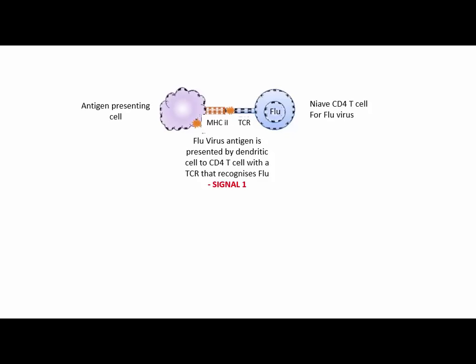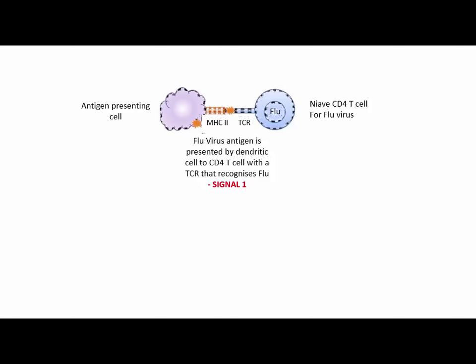So this dendritic cell comes along with the virus presented on MHC2, and the difficulty that the dendritic cell is going to have is that it arrives at the lymph node. Now when it arrives at the lymph node, there are literally millions of different T cells.